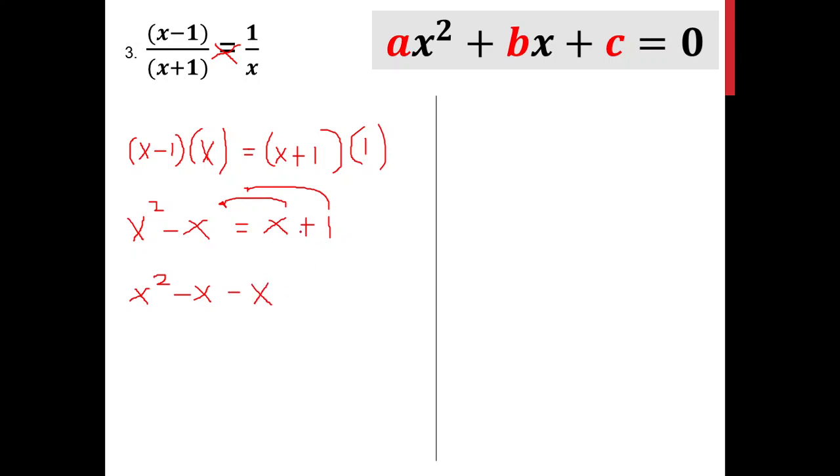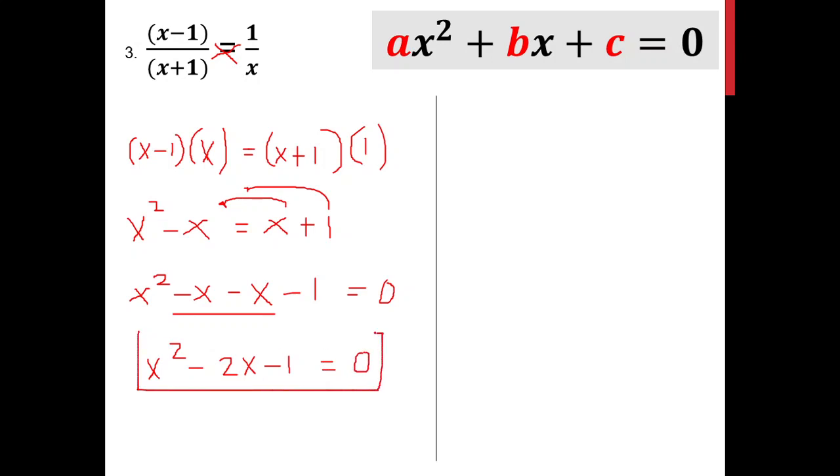My positive 1 becomes negative 1 here, and then I'll equate everything to 0. Now notice here you have two similar terms. So simplifying this one, we'll have x squared, negative x minus x is negative 2x, minus 1 equals 0. And this is the standard form of our quadratic equation.